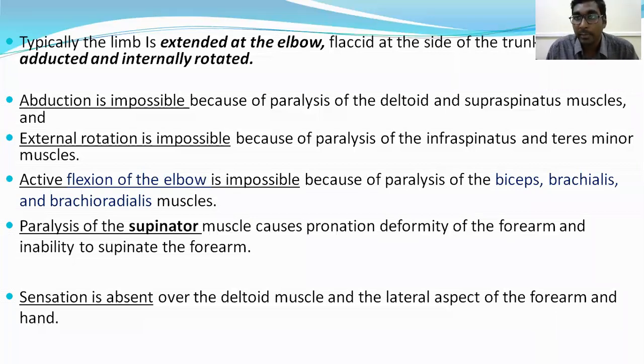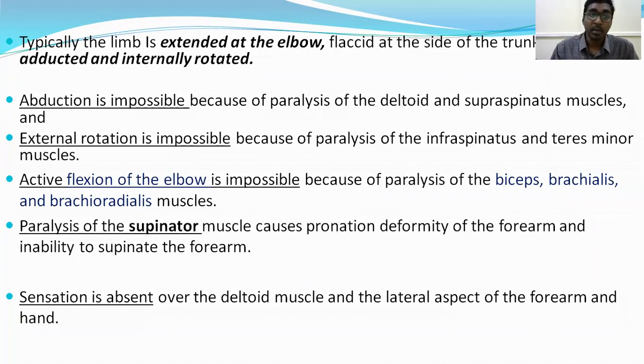The arm will be in this position in Erb's palsy. Sensation is absent over the deltoid muscle and the lateral aspect of the forearm and hand. But sensory changes sometimes may not appear, because we previously discussed that sensory changes are 100% observed only in isolated sensory zones.